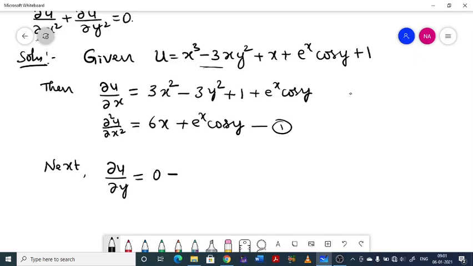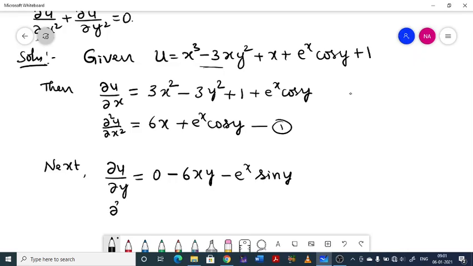Minus 3x remains a constant term, into the derivative of y square, which is 2y. So 2 into minus 3, minus 6, x is a constant, carried as is. So minus 6xy. Plus the derivative of x, because we are treating x as constant, will be 0. Derivative of e power x cos y: e power x stays as it is, cos y differentiates to minus sin y. So minus e power x sin y.